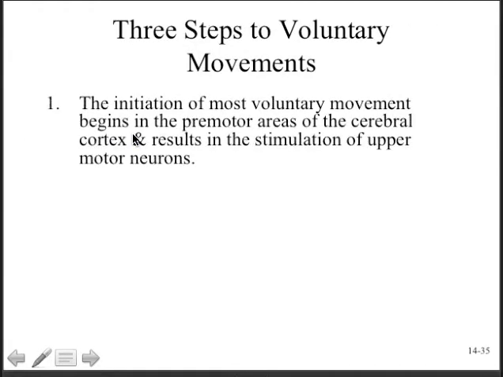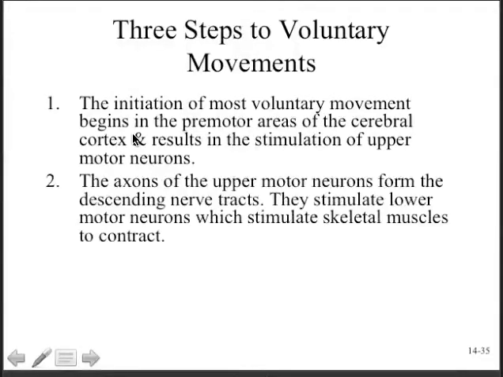So what are the steps to voluntary movement? Well, the initiation of voluntary movement begins in the premotor areas of the cerebral cortex and results in the stimulation of upper motor neurons. And so a lot of this occurs in the frontal lobe. Essentially what happens is we decide on a plan of action, and what happens first is that that plan of action is essentially pre-read to the motor association area, the basal nuclei, and the cerebellum.